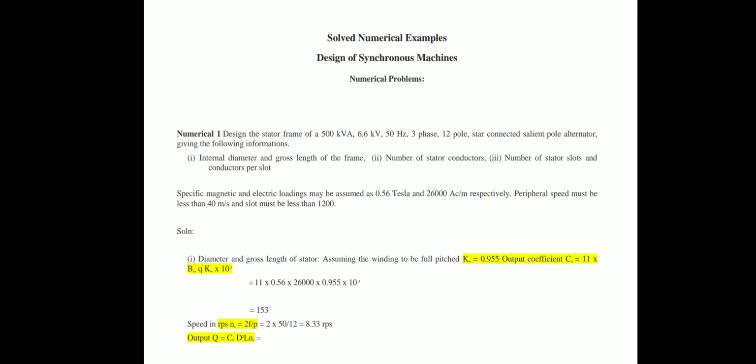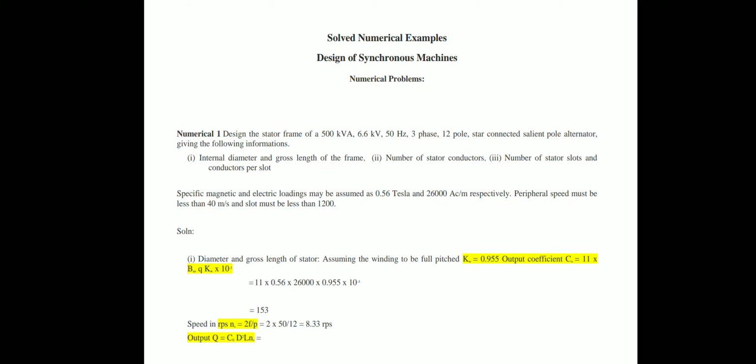Specific magnetic and electric loadings may be assumed as 0.56 Tesla and 26,000 ampere conductors per meter respectively. Peripheral speed must be less than 40 meter per second and slot must be less than 1200. This is the question given to you.